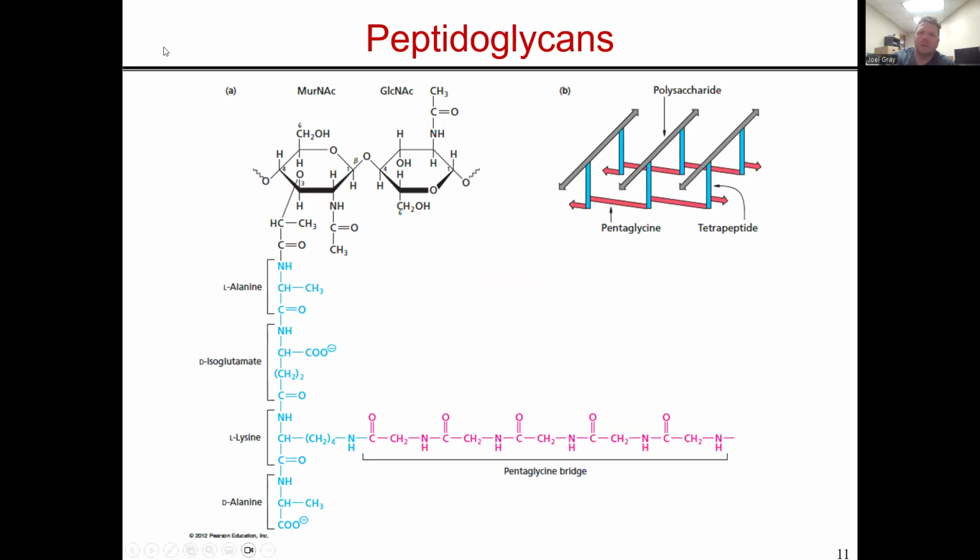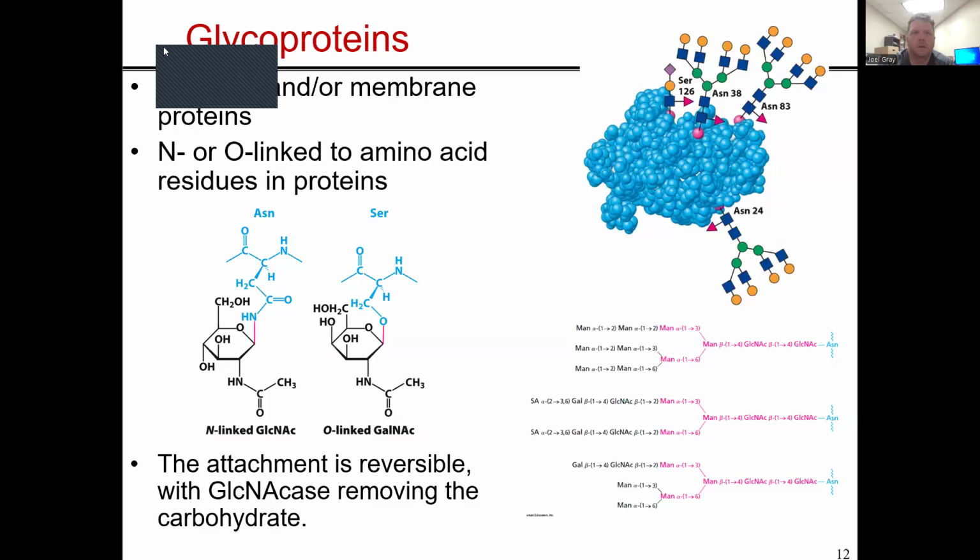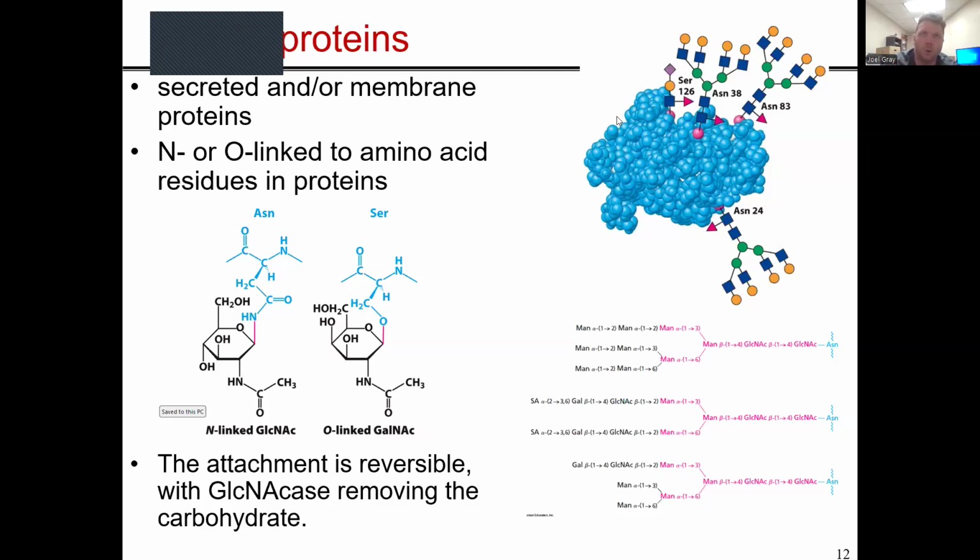Peptidoglycans. Many cell walls contain peptidoglycan. The cell wall on the outside of gram-positive bacteria is going to have peptidoglycan.